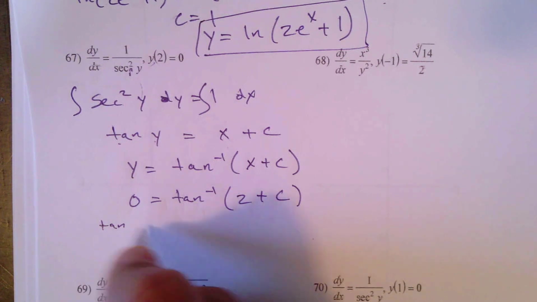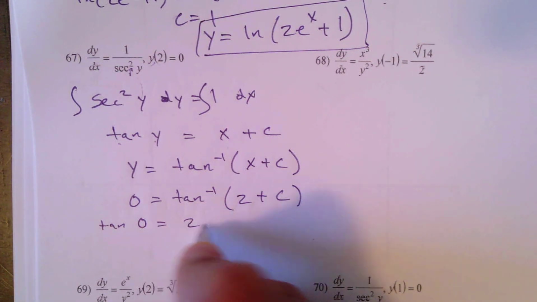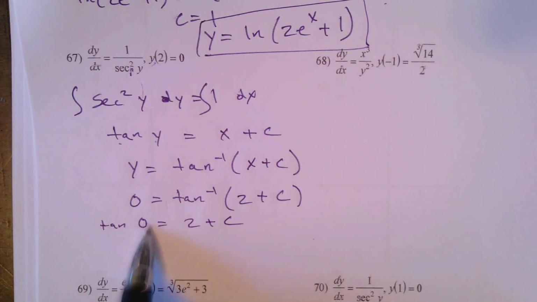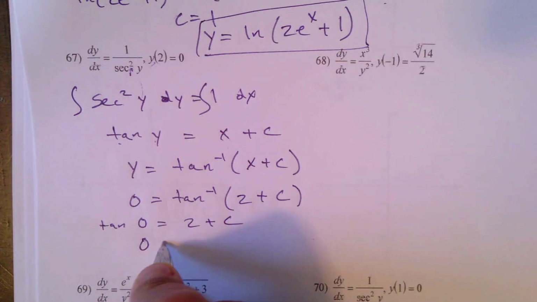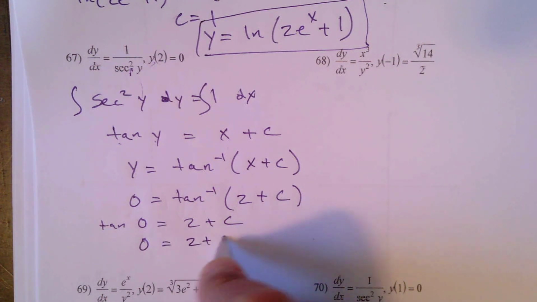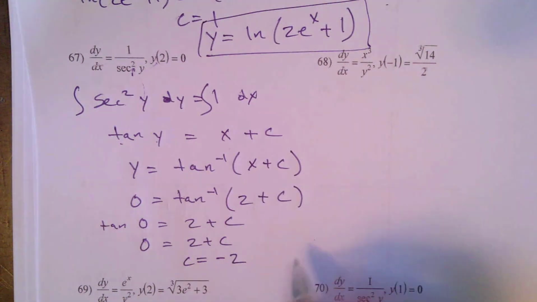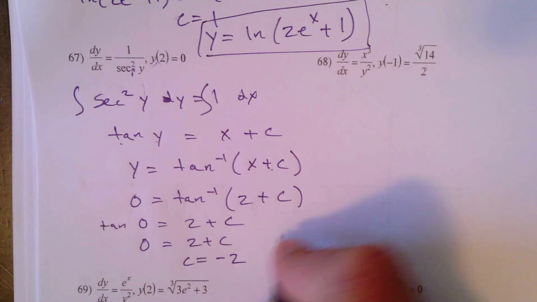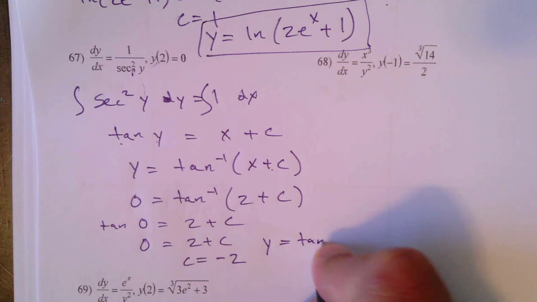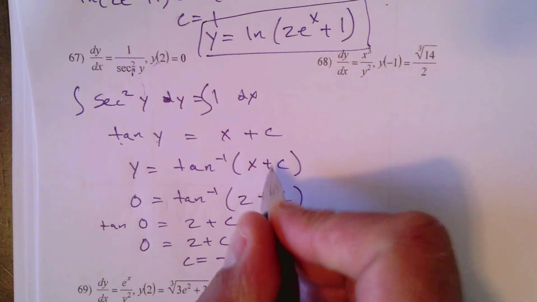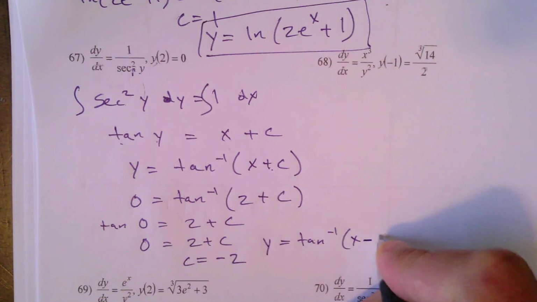So the tangent of 0 is equal to 2 plus c. The tangent of 0, though, is of course 0, and 0 is equal to 2 plus c. That means that c has to be negative 2. So now we know what c is. We can go back and plug that in. So our particular solution is going to be y equals inverse tangent of x, and then instead of plus c here, we're going to have minus 2.